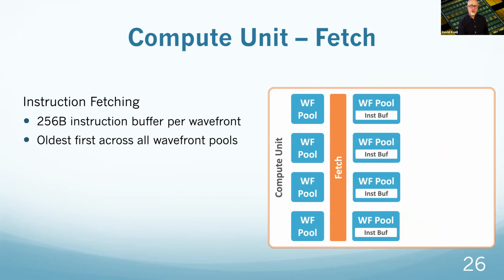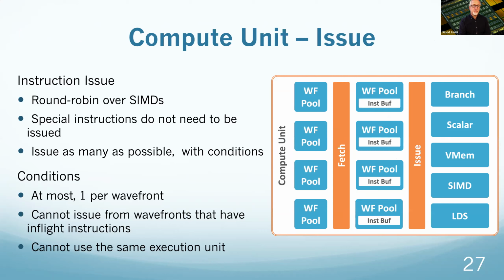In terms of the compute unit, we have to do instruction fetching. We can have 256 byte instruction buffer per wavefront, and the oldest across all wavefronts is done for scheduling. In terms of instruction issue, we use round robin over the SIMDs. I think there was a question yesterday on that, and that's how we handle it on our device, because that's the information we have available from AMD's.